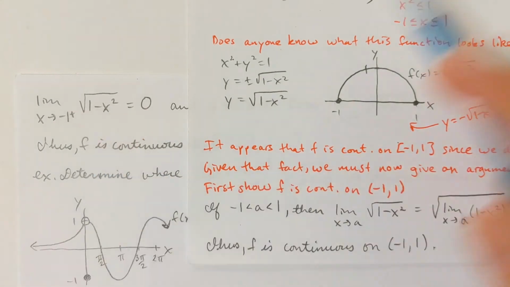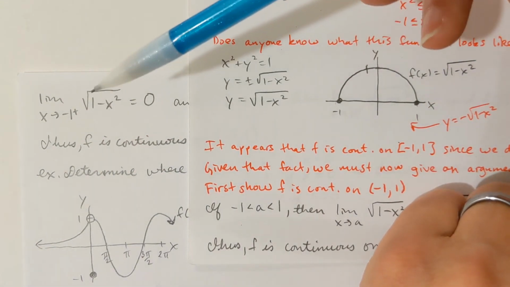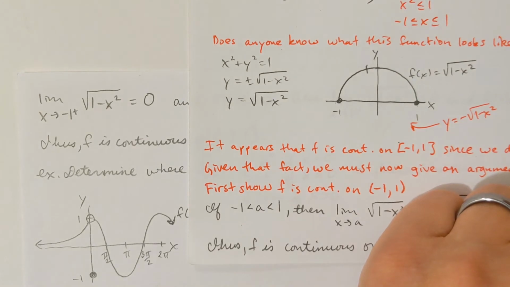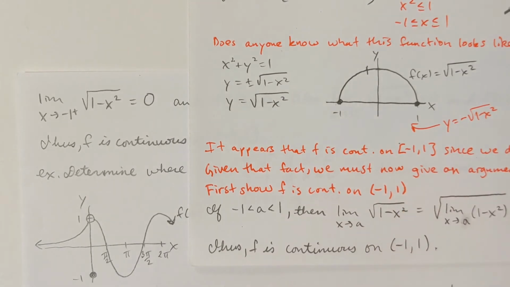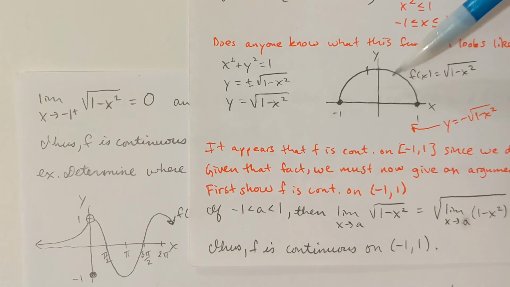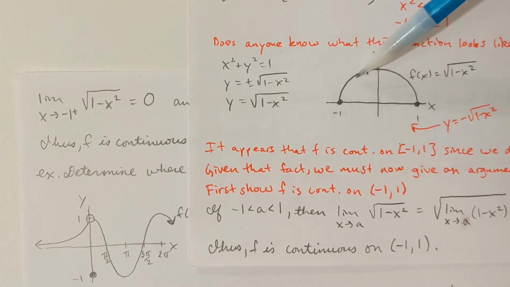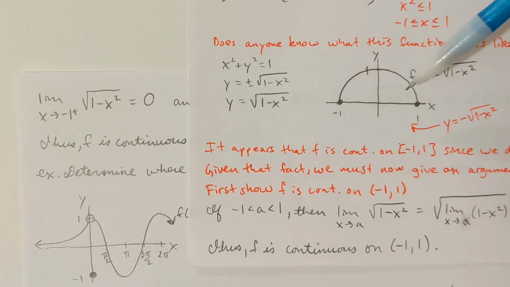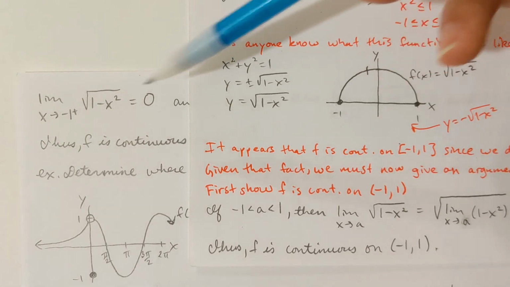If I didn't write that, if I just said limit as x approaches -1 of the square root of 1 minus x squared, that would be something that does not exist. Remember, the idea of a limit is that you have to be approaching the same y value on either side of x. Well, I have a graph on the right side of -1, but I have no graph on the left side of -1. So that limit would not exist.